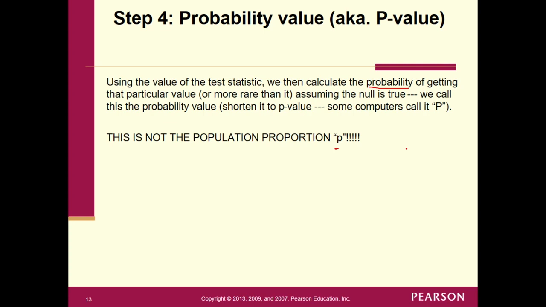When you do calculate it, note that it is a probability, so p-values have to be from 0 to 1. Essentially, this is the probability of getting the x bar that we did, assuming that the null is true.